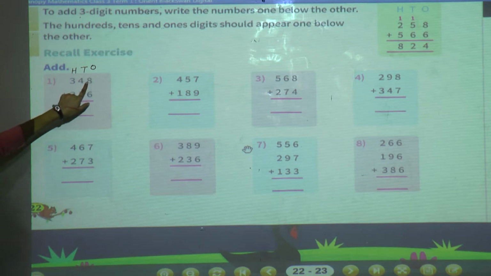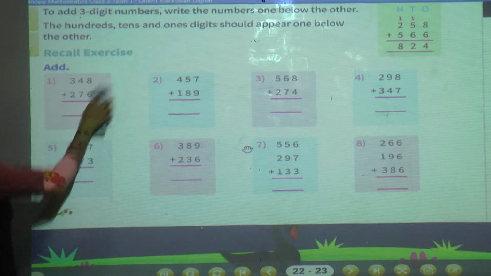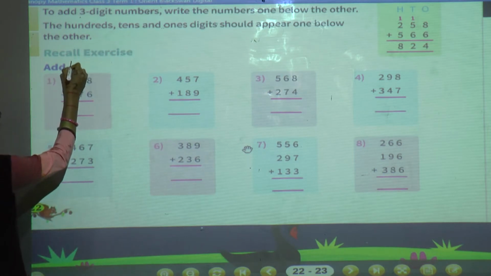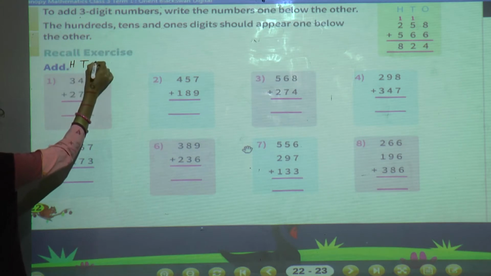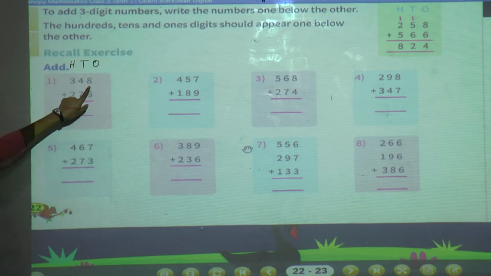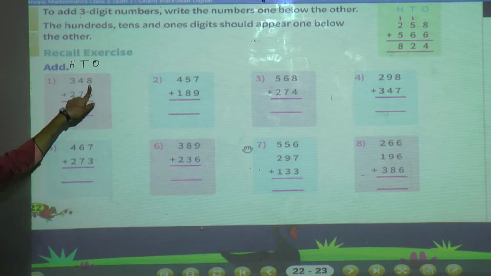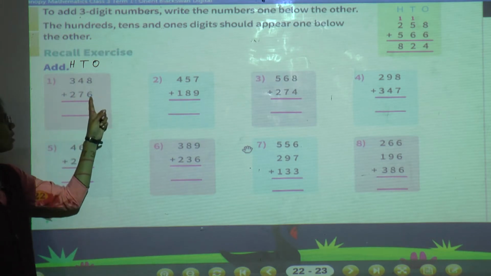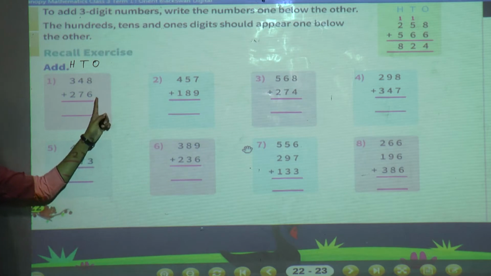Now see, 8 plus 6. We have to do the addition of 8 plus 6. Now which number will we keep in our mind? Yes, 8. Correct. Keep 8 in your mind. Now how many fingers will you take out? 6.